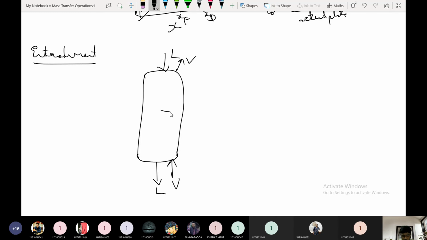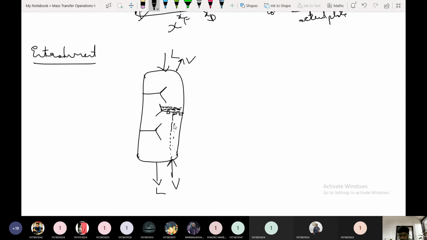But if you see, one plate will be there, then the next plate will be there, and similarly many plates will be there. If the vapor flow is very high, here perforations will be there. For example, if you consider this a perforated plate, the vapors are rising through the perforations and the liquid will just remain on this plate.